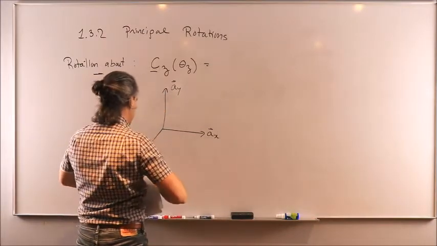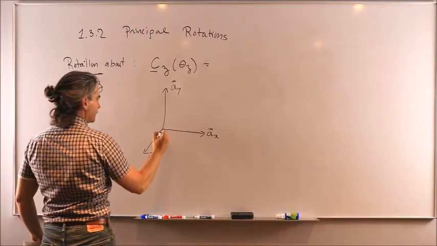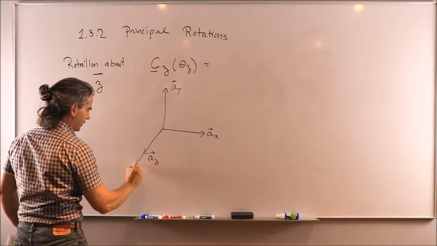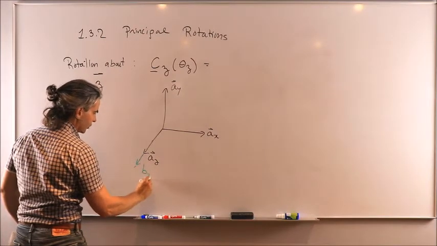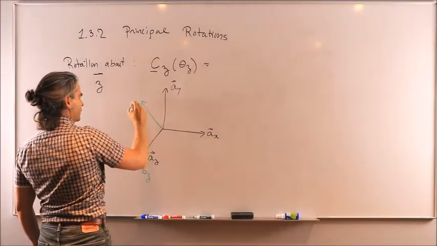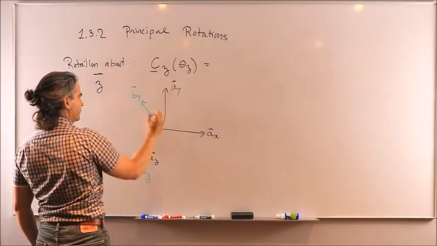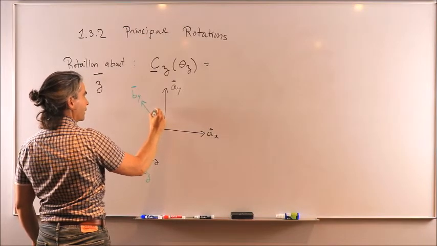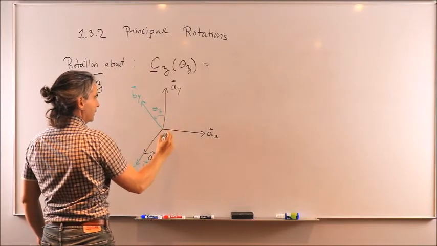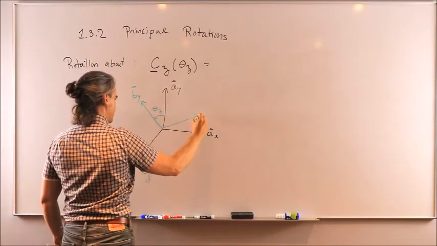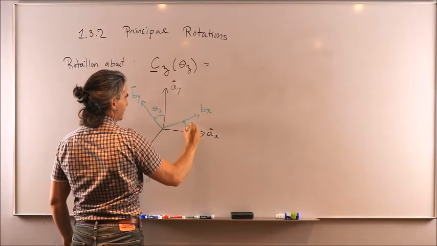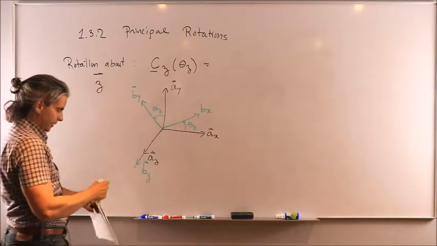In that case, if that is your angle of rotation, again, it means that AZ and BZ coincide. That BY will be separated by an angle theta Z from AY, and that BX will be separated by an angle theta Z from AX, like that.